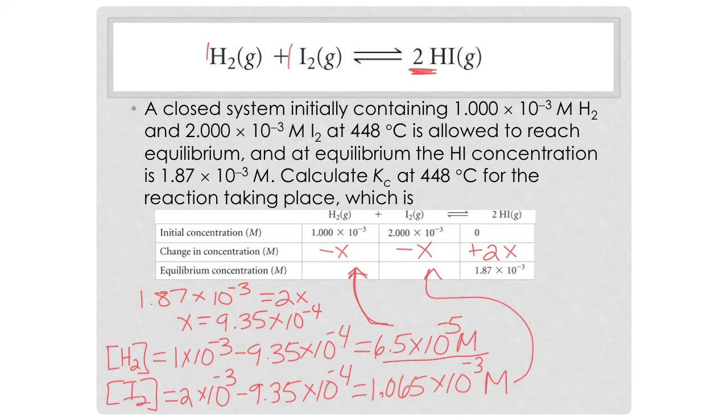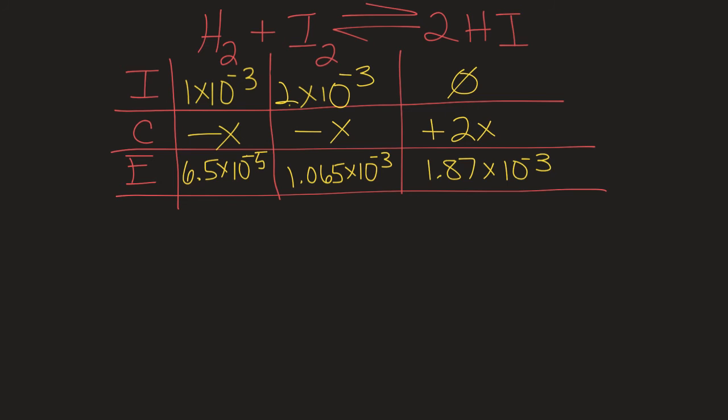Now, once I have my 3 equilibrium concentrations, now I can just plug them into my equilibrium expression and solve for K. All right, so all I did here was recopy over the information that we figured out on the previous slide. So now we are at the step of solving for K.